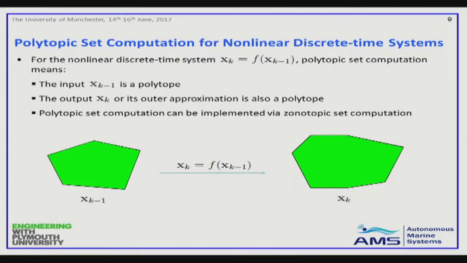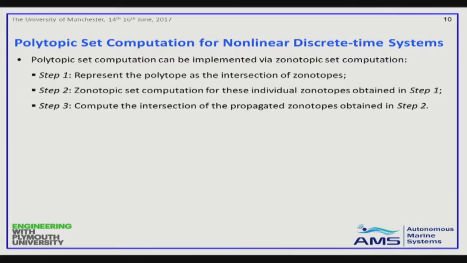How to do that? That is the procedure. Polytopic set computation can be implemented through zonotopic set computation. The idea is that you first represent the polytope as an intersection of zonotopes.